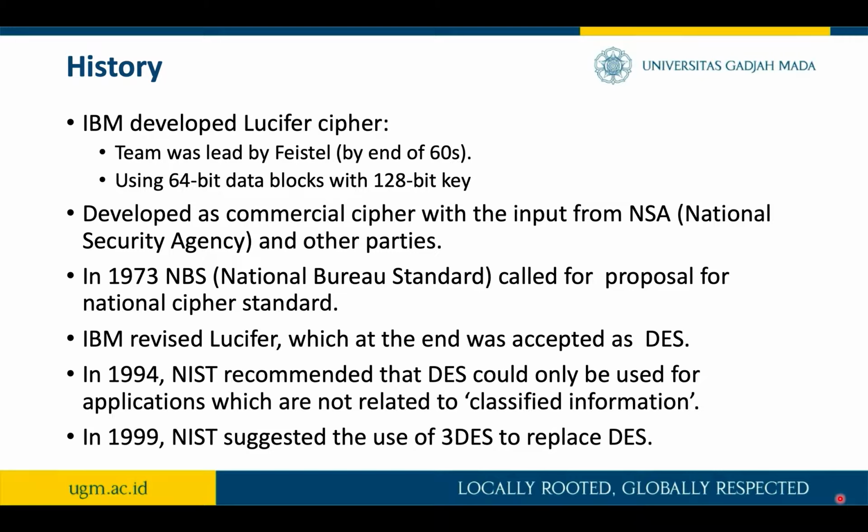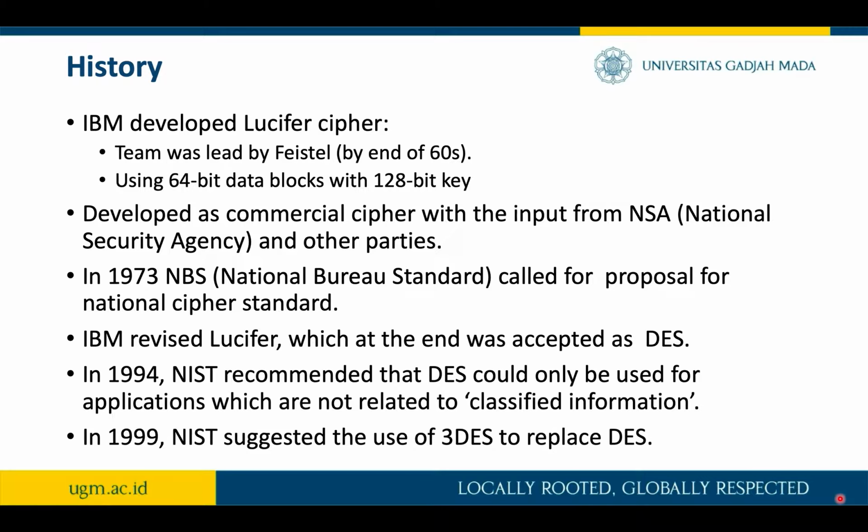Since it was led by Feistel, the cipher was based on the Feistel structure. Then Lucifer cipher was developed as a commercial cipher with input from NSA and other parties.